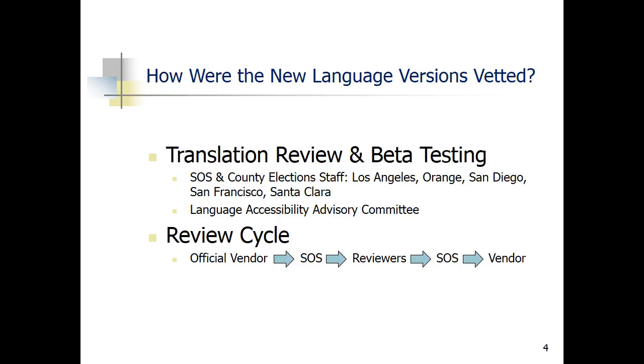And that's a process that we're going to continue doing, I think, for other things that we do. So if you see that review cycle here, we had the translations come back from the vendor to us. We shared them with our reviewers out in the communities, and then those input came back and we gave that to our vendor to review and give us a final answer on. Let's go to the next slide.